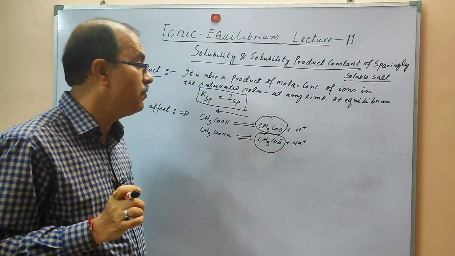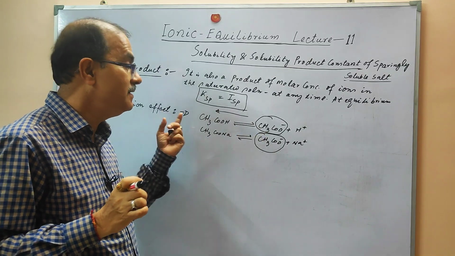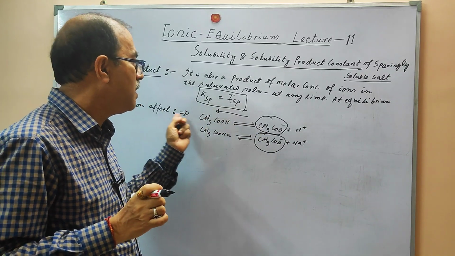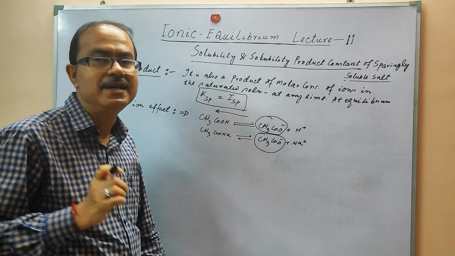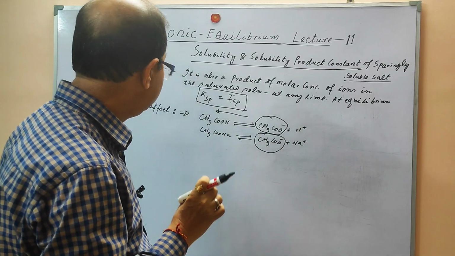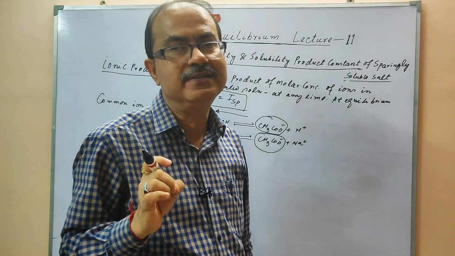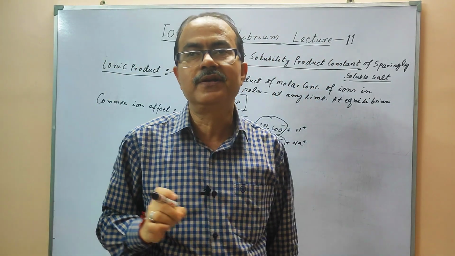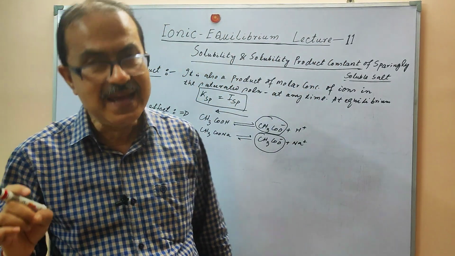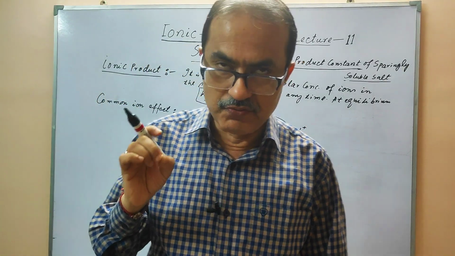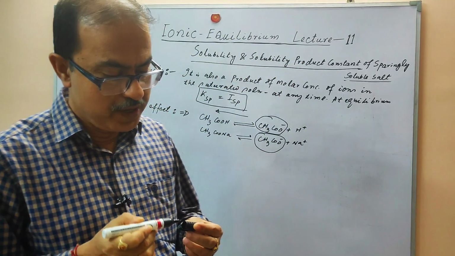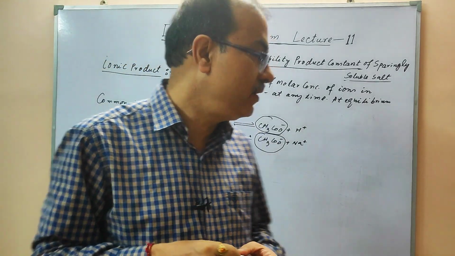Due to this common ion, the dissociation or ionization of the acetic acid has been suppressed. This is a very important thing in chemistry, and with the help of the common ion effect, a lot of industrial activities are done. That we will discuss later on. Okay, so we understand what the common ion effect is.